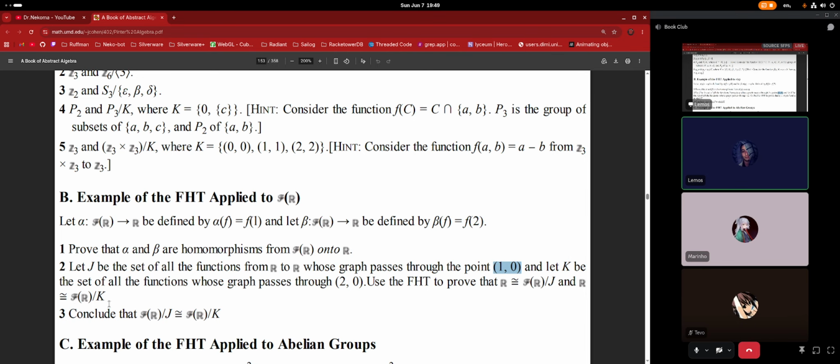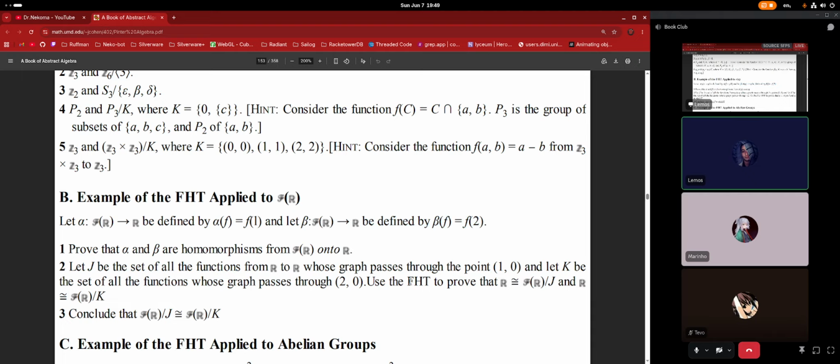And let K be the set of all the functions whose graph passes through 2, 0. So J is going to be the set of all the possible functions that can be applied to alpha. And K is going to be the set of all the functions that will do what beta does.